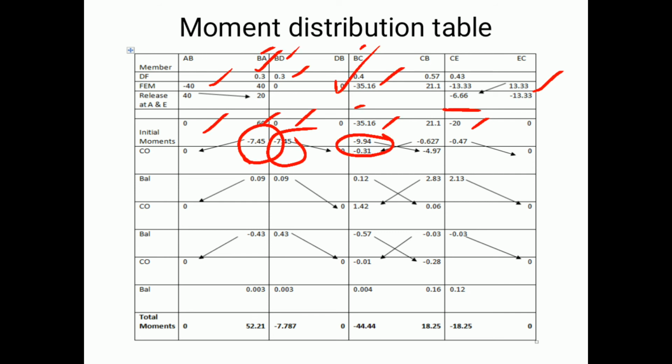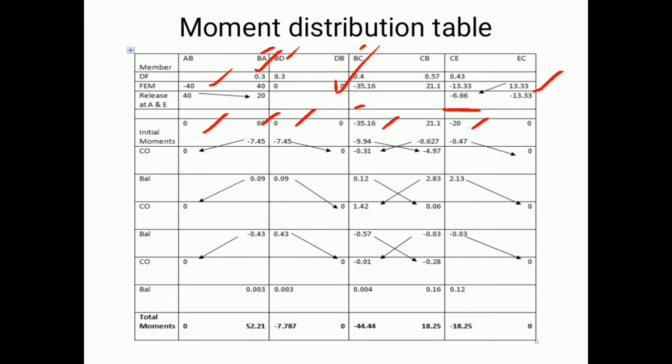Here you can observe that if I get the total moment in the positive sign convention, then in order to counter the unbalanced moment, I need to take the distribution moment in the opposite direction.